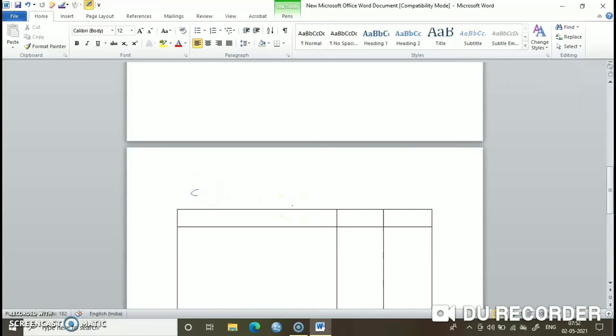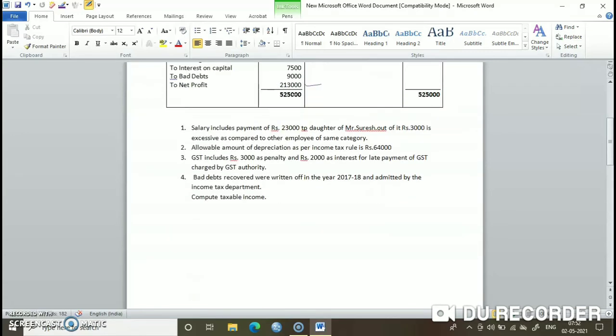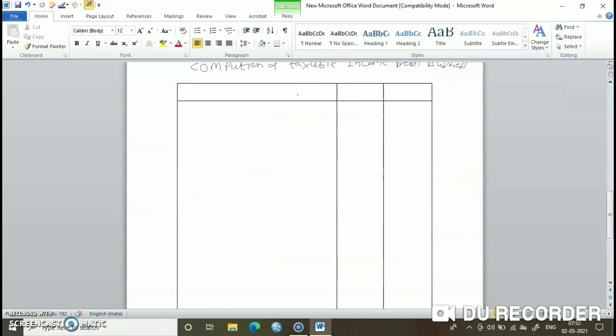Computation of taxable income from business. The problem is given for the financial year 2020-21, so we are going to consider the assessment year for the calculation, that is assessment year 2021.